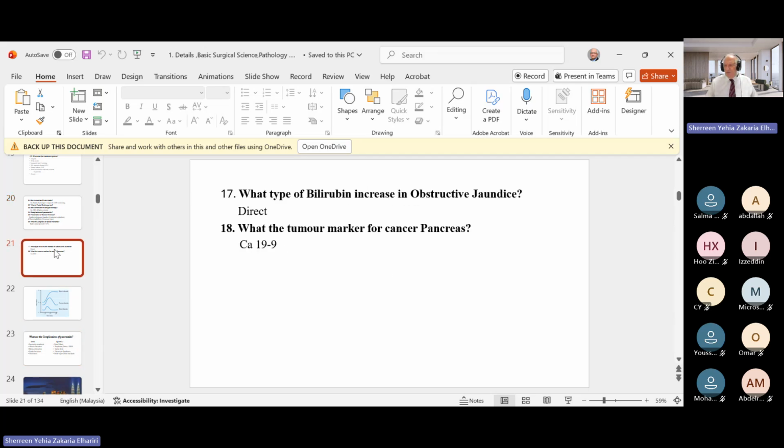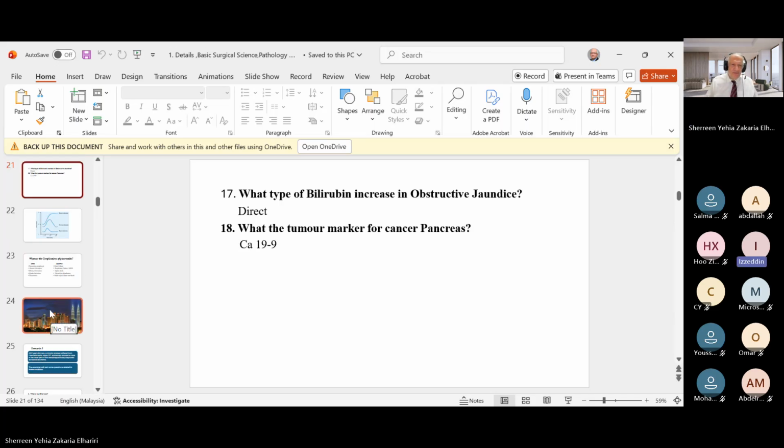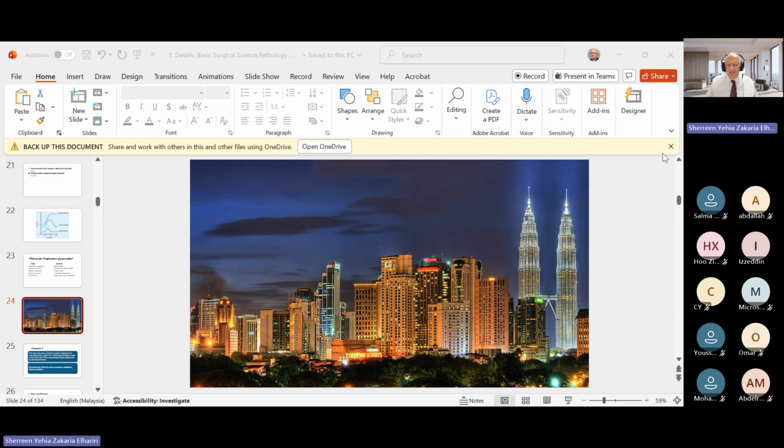What type of bilirubin is high in obstructive jaundice due to cancer head of pancreas? Direct bilirubin. What's the tumor marker for cancer pancreas? CA 19-9. Okay, tumor marker is a very important topic.